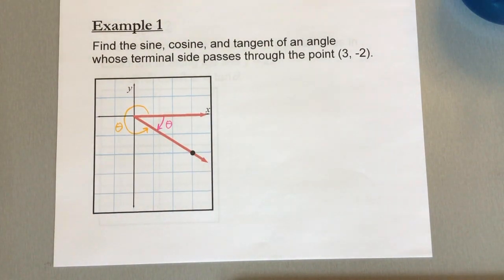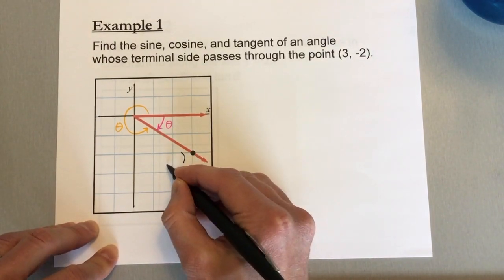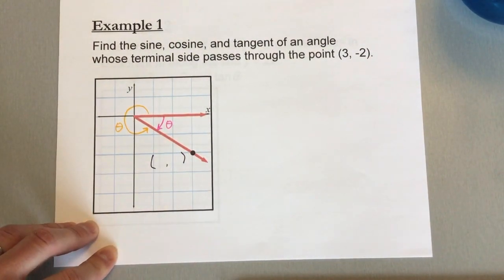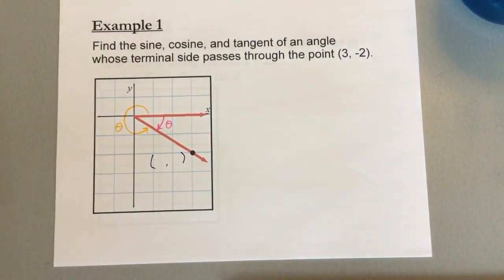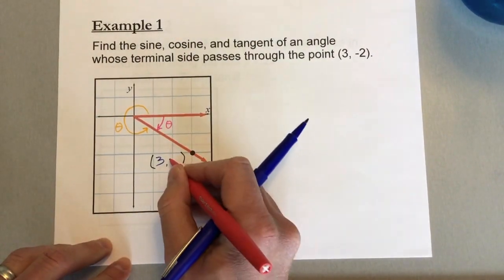In fact, the measure itself doesn't really matter because we are provided with the coordinates of a point that the terminal side of my angle passes through. I know it passes through the point 3, -2.